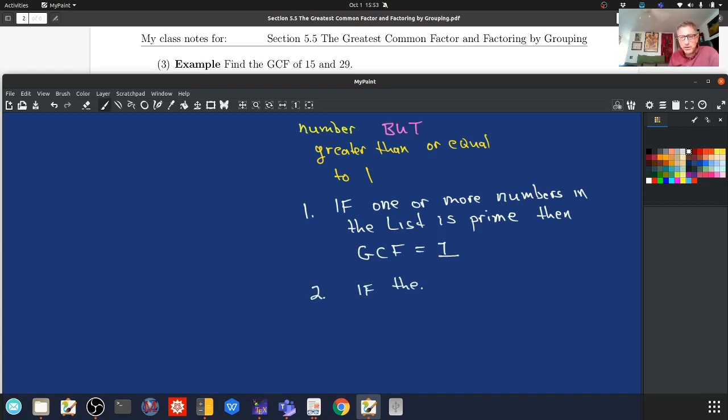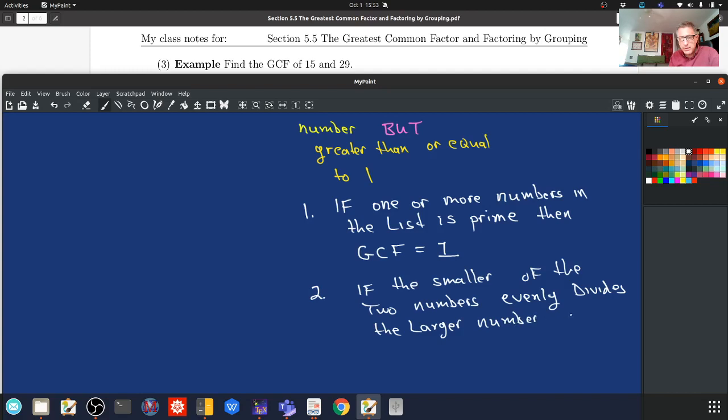If the smaller of the two numbers evenly divides, that means divides with remainder 0, the larger, then the GCF is the smaller of the two numbers.